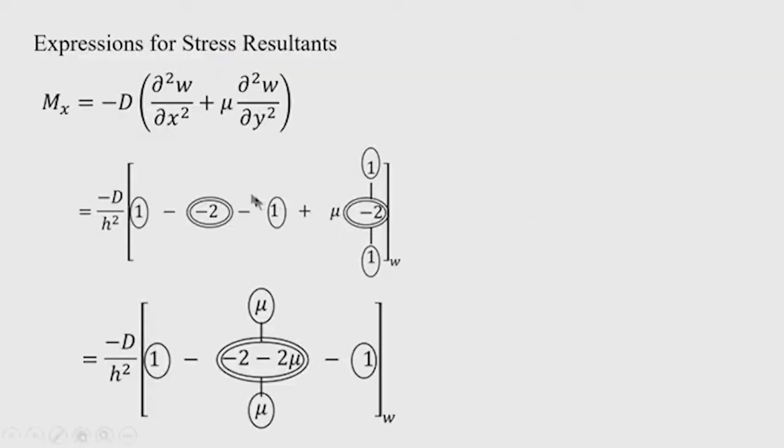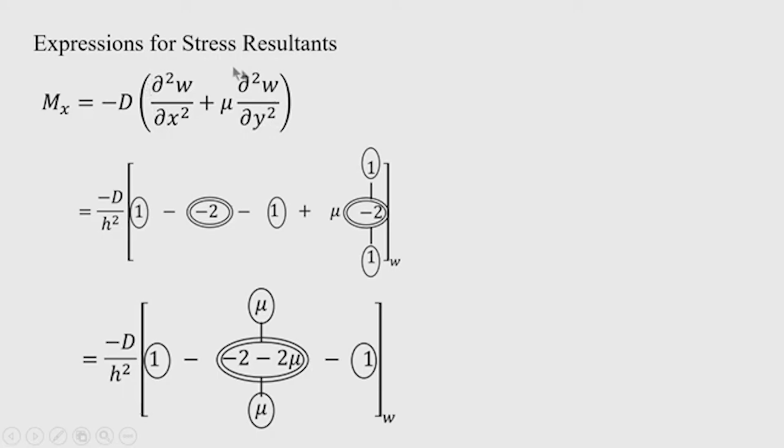Though the bending moment expressions are not required directly, to apply the boundary conditions in the finite difference method we need the bending moment expression in finite difference form, and the shear force expression also. The bending moment expression is a combination of del square W by del x square plus mu, the Poisson ratio, times del square W by del y square.